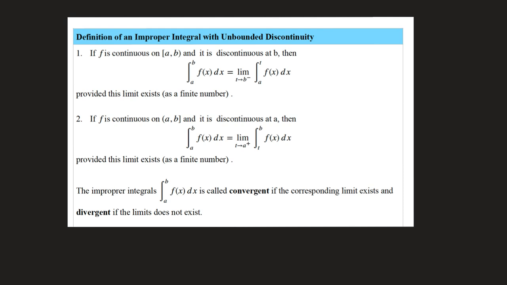Another way to say this is a vertical line in the interval. The very important thing here is that f is continuous on the interval but discontinuous at the boundary value b. Another way to say this is that x equals b might be a vertical asymptote.